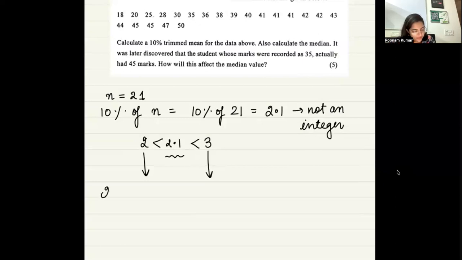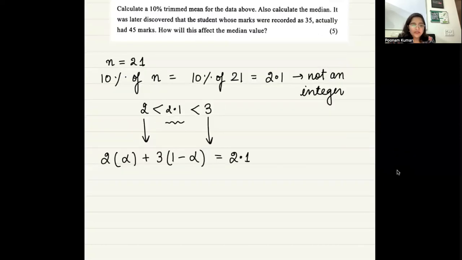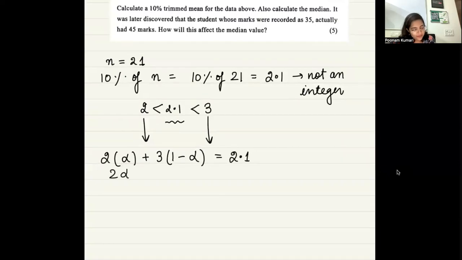If you do 2 times alpha plus 3 times 1 minus alpha, and you want it to be equal to 2.1, what is the value of alpha? So 2 alpha plus 3 minus 3 alpha equals 2.1.